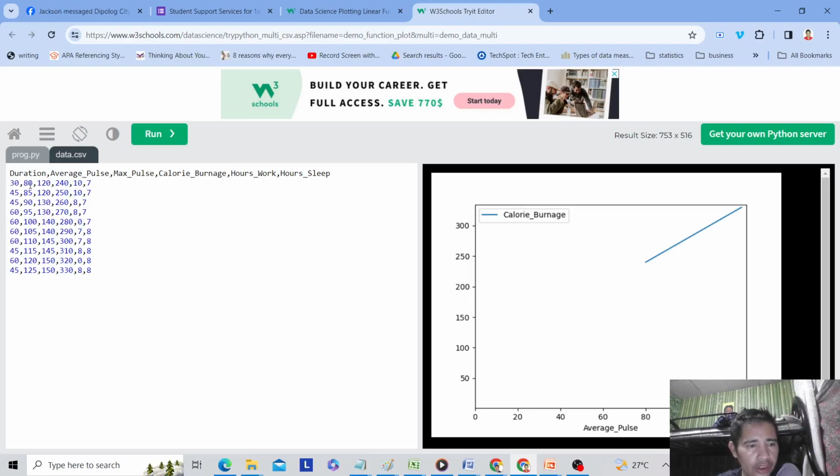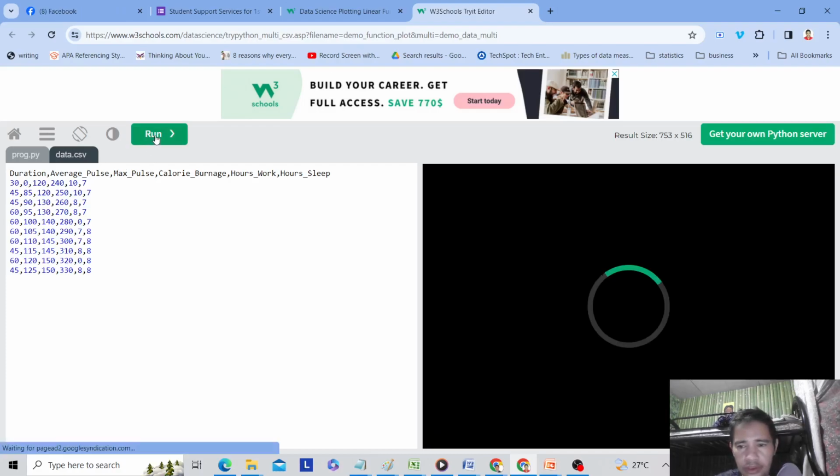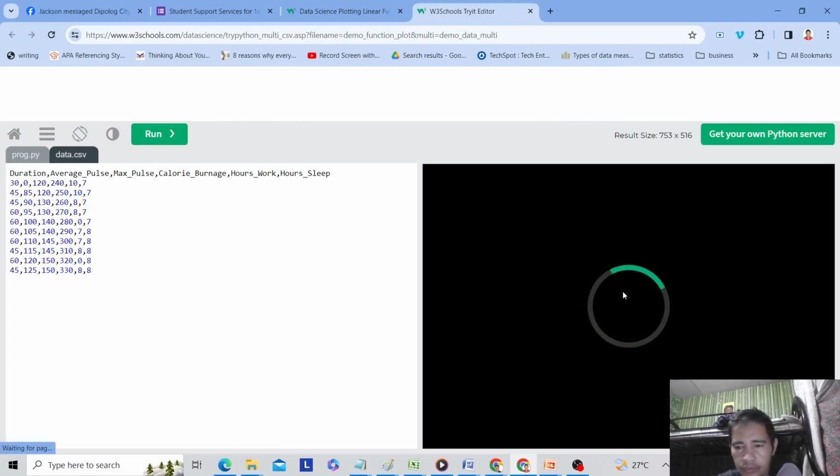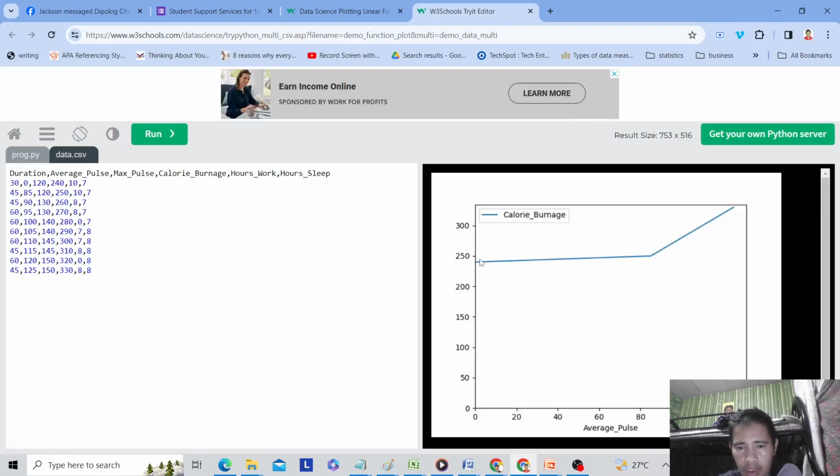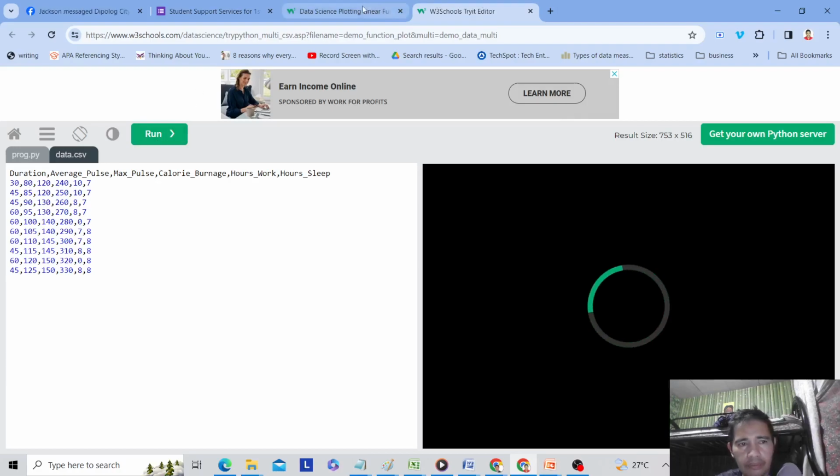If we change this to, let's say, 0 and run, the line would be at 0, somewhere like that. So let's give this back to 80, return this to 80, and run.